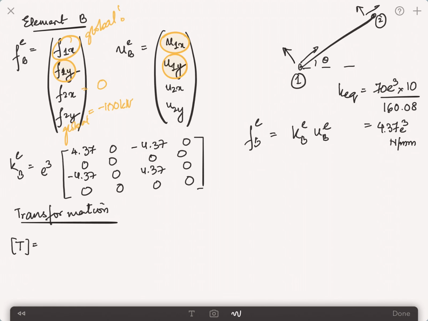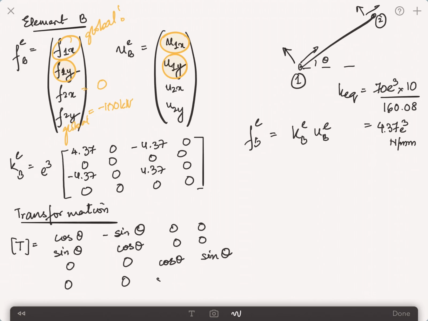The transformation matrix will be given as, I'm just going to copy it from the previous derivation: cos theta, minus sine theta, 0, 0; sine theta, cos theta, 0, 0; 0, 0, cos theta, minus sine theta; 0, 0, sine theta, cos theta. Of course, this is only for a 2D plane. Please remember that.